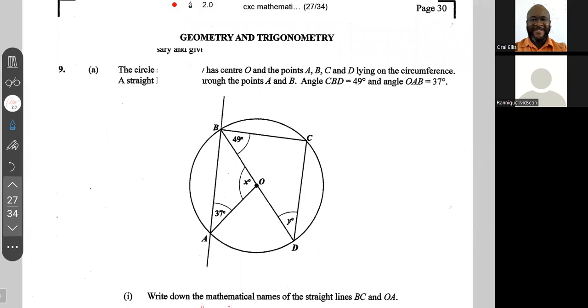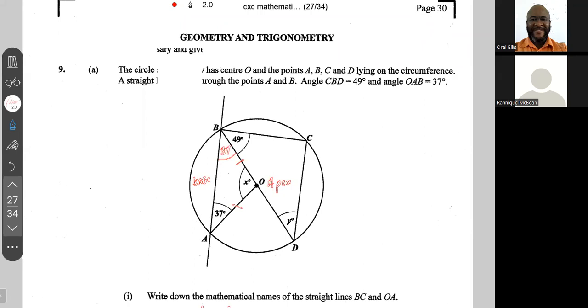Guys, if you look carefully, you'll notice that OAB is an isosceles triangle, where O is the apex, and down here would be the base, and the two base angles of an isosceles triangle are equal.